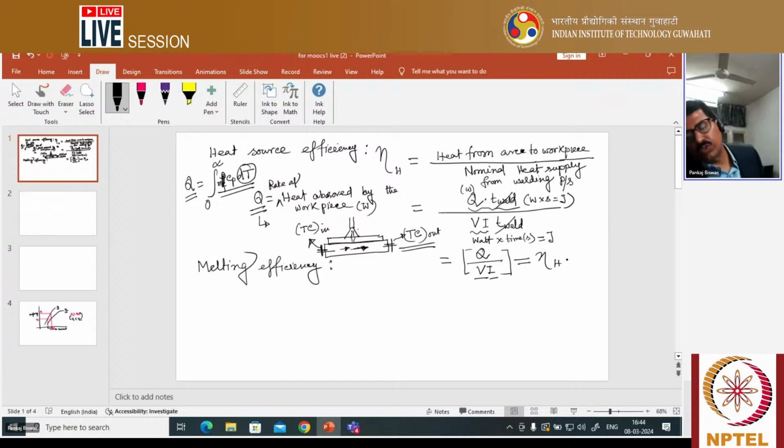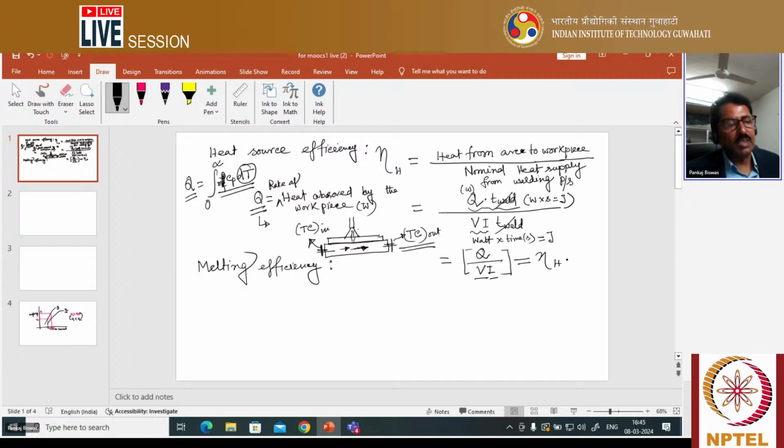So this heat source efficiency depends on the type of weld machine as well as the type of welding process. You can observe that for submerged arc welding, this heat source efficiency is very high. Similarly, for the laser welding process, the heat source efficiency is very less.